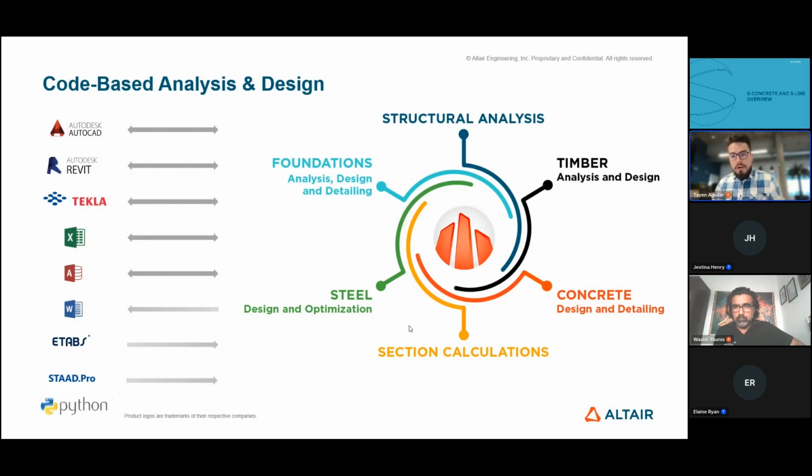At the heart of our offer is our FEA software for structural analysis, SFrame. From there, we have the different materials and different solutions, such as timber design, concrete design, which is today's presentation focus. We have a section calculator, steel design modules, and foundation models as well.